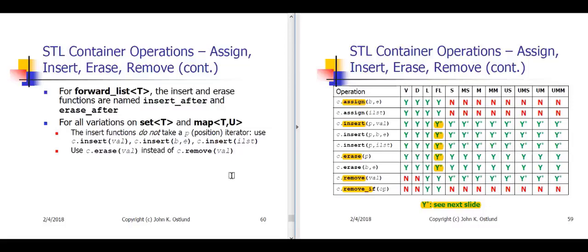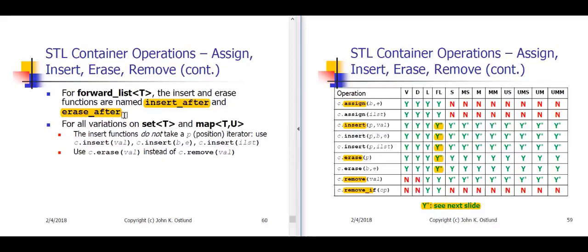If you have an iterator for an element in the forward list, then in order to insert a new value there would entail modifying the previous element in the forward list, and that would require going backwards, which you cannot do. So for the forward list, instead of insert and erase, we have insert after and erase after.